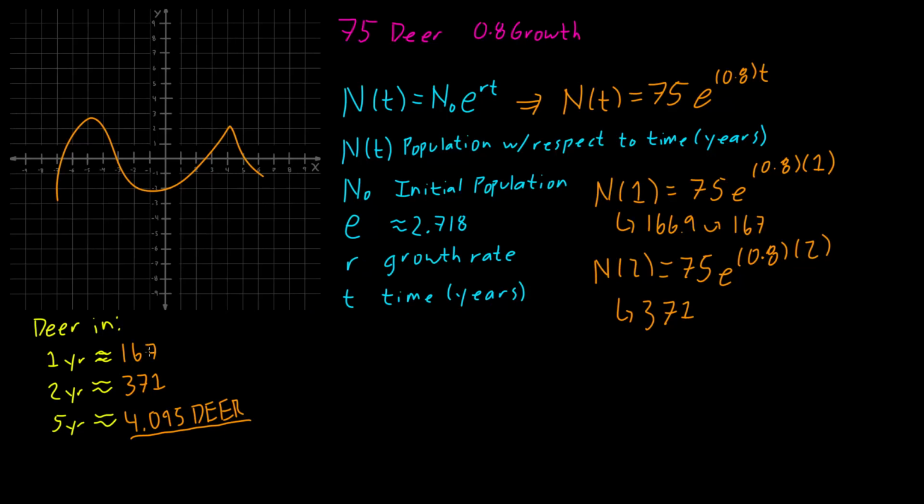What would have been more interesting is to estimate the deer population so that we don't have some sort of Terminator deer future, where they start off like this, and then you try to calculate that growth rate and get an estimate for it. That might be more interesting, but then you're getting into regression to fit that data, and that can be done with machine learning. I don't think I'm going to go that far in this class, but maybe I'll have some advanced options later. Anyway, that is how you can model population.